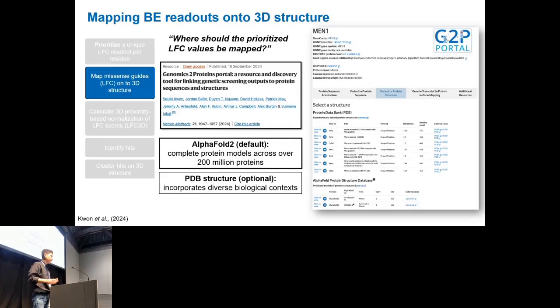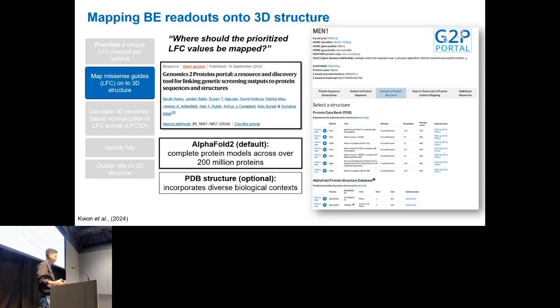So now we have the LFC value per residue, then how can we map it on the 3D structure? There are many structures available if you have a very famous protein. Here we brought an example. We developed a Genomics 2 Proteins portal last year from our group, and we use this one to give an idea of how many 3D structures are available there, and also the AlphaFold structure.